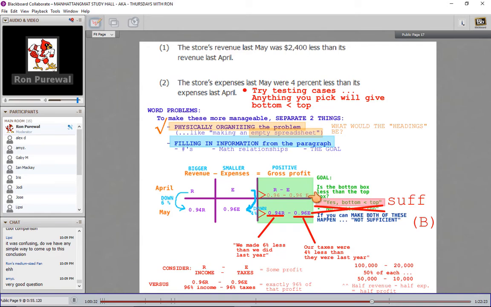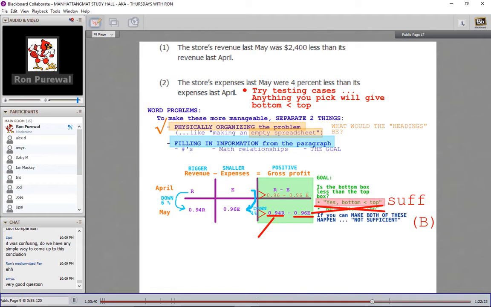But if not, then the last way that you can do it is you can also set it up algebraically. You can do that too. Let me just show you how to do that real quick. You have to set it up as a question. Is 0.94R minus 0.96E less than R minus E?